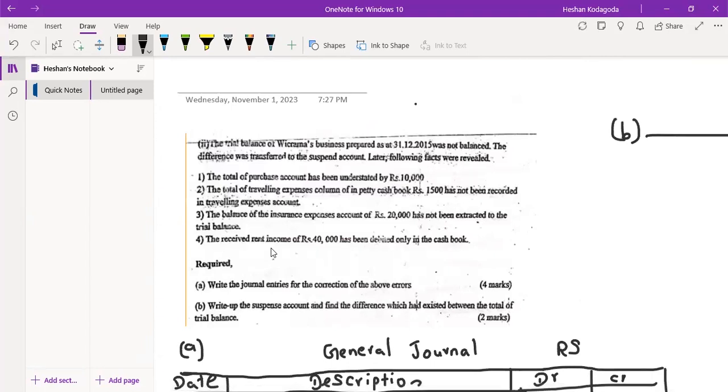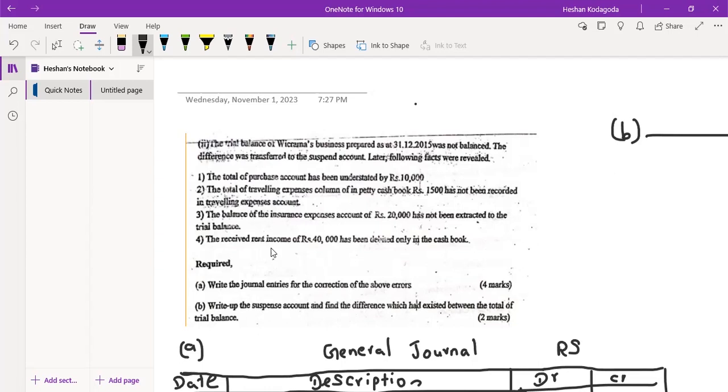The balance of the insurance expense account of rupees 20,000 has not been extracted to the trial balance. Right? No error in the ledger. Now in here we haven't recorded the insurance expense account balance in the trial balance.